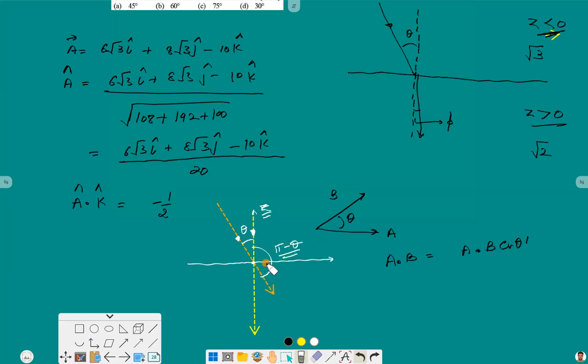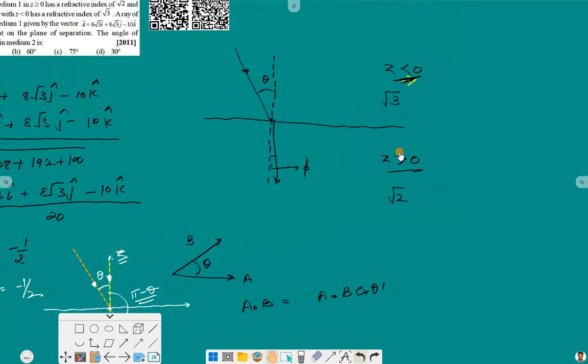So now take this side, solve this side. Now the magnitude of a unit vector will be 1, the magnitude of k will be 1, into cos of pi minus theta will be equal to minus half. And if we solve this one, cos of pi minus theta is negative, so it will be minus cos theta equal to minus half, and from this theta will be equal to 60 degree. So the angle of incidence here is 60 degree.